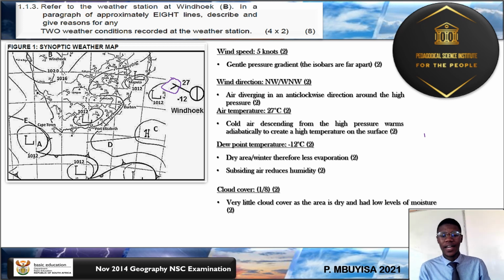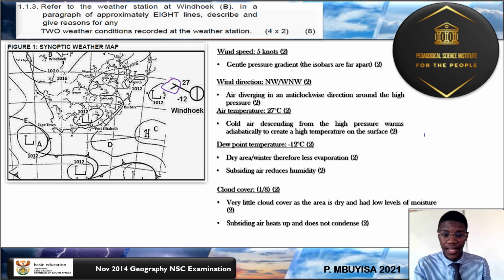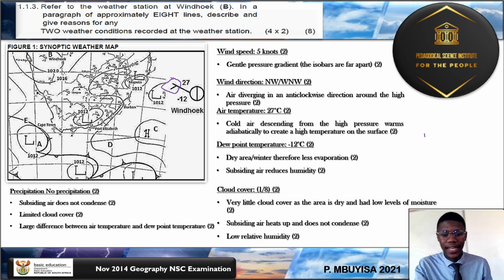And why do you have 1/8? Because there's very little cloud cover in the area because there are low levels of moisture, and subsiding air heats up and does not condense. So as this cold air sinks, it does not condense. Remember that water vapor is the only thing that condenses. And there is low relative humidity.